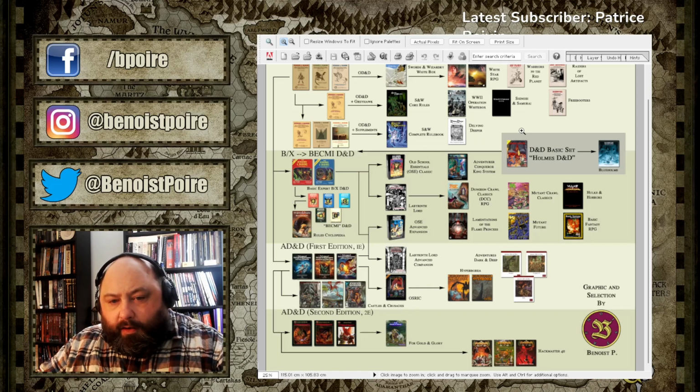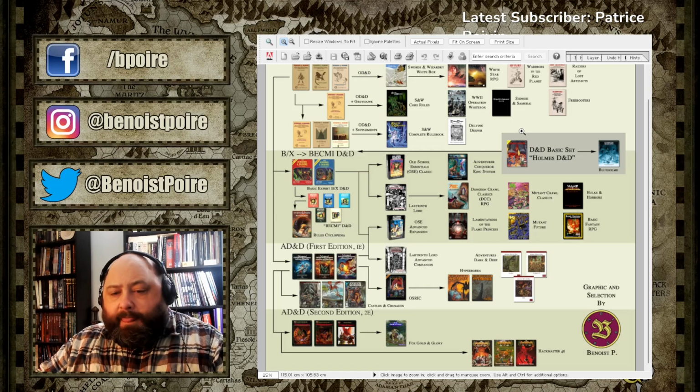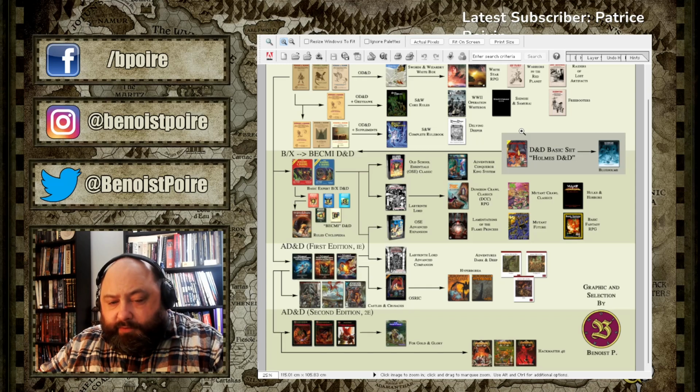Okay, and then the third row is Advanced Dungeons and Dragons first edition, and the fourth is Advanced Dungeons and Dragons second edition.